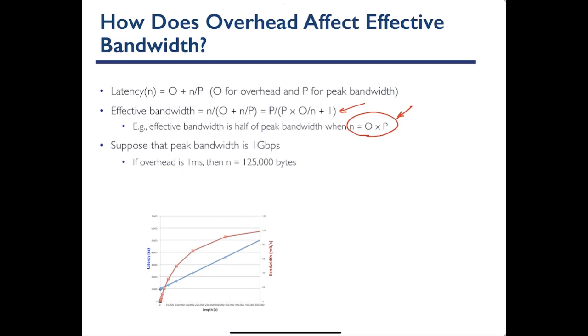Now, if you draw this effective bandwidth for different peak bandwidth and different N, you get graphs like this. In this particular graph, on the x-axis I have the size of data, which is your N, how much data you're transferring.